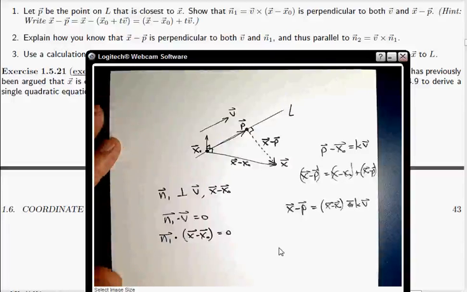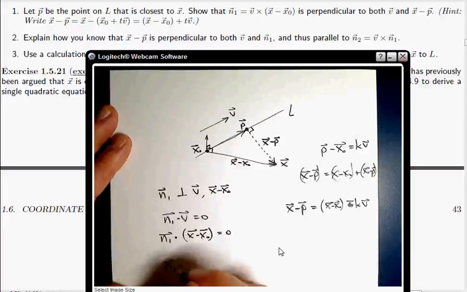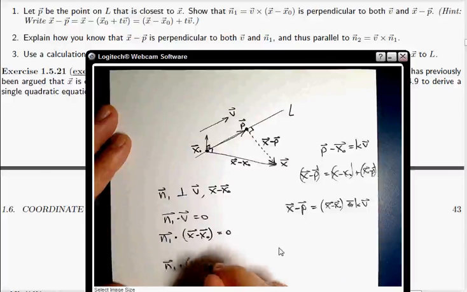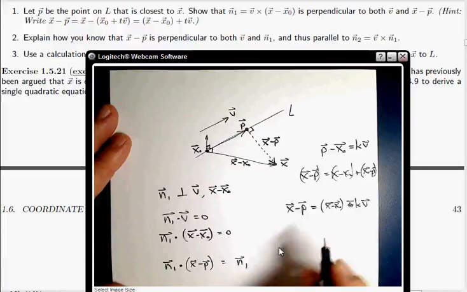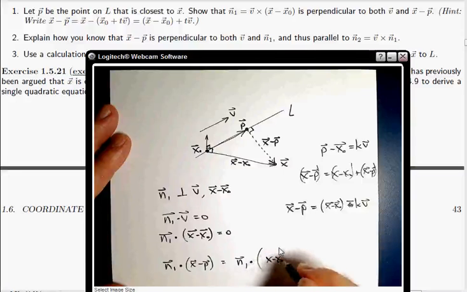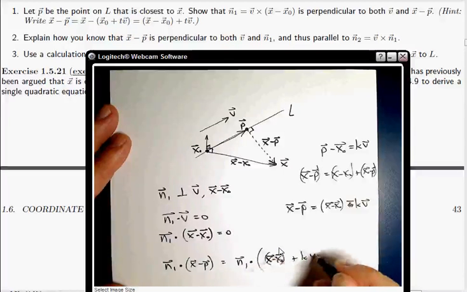Okay. So let's compute now what is N1 dot X minus P. Well, by this algebra, it's N1 dot X minus X naught plus KV.